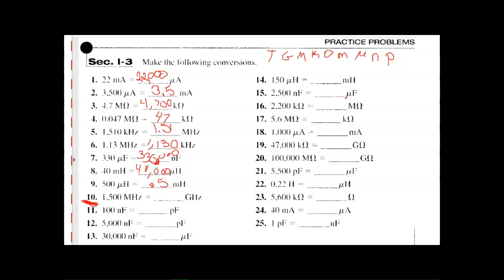And then this one is moving from mega to giga, which should give me 1.5 gigahertz. You'll see what I'm trying to help y'all learn to do? Yes, ma'am.